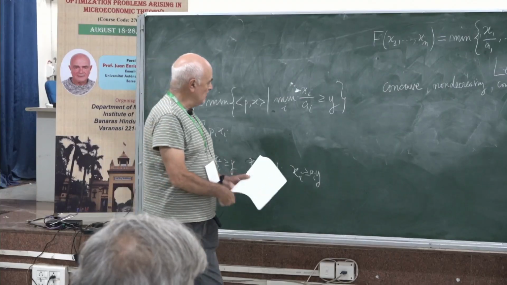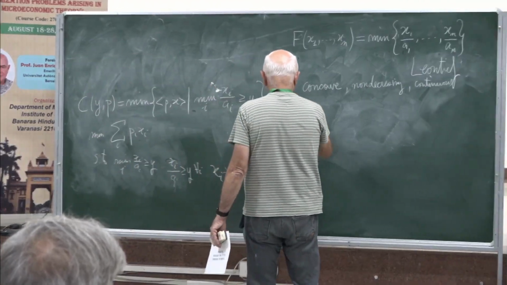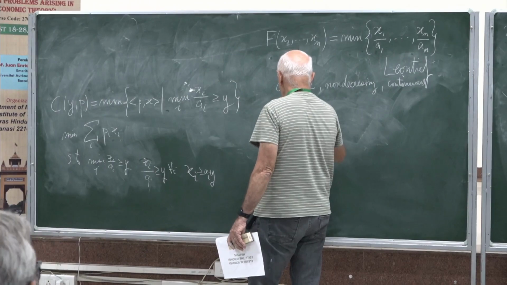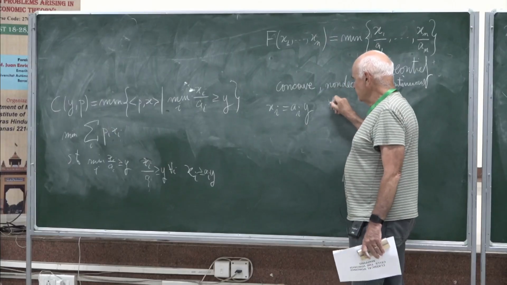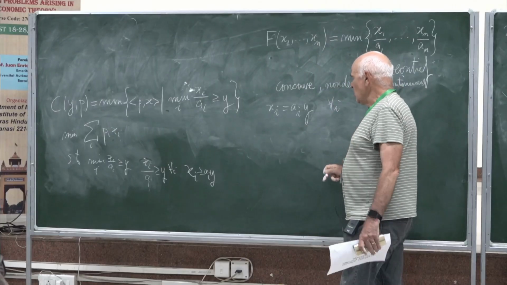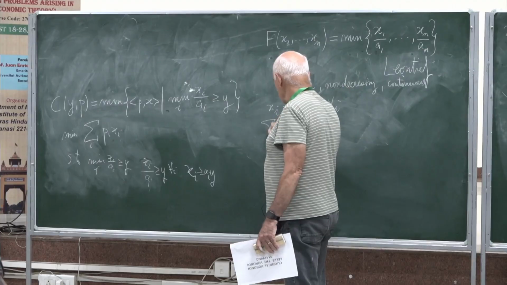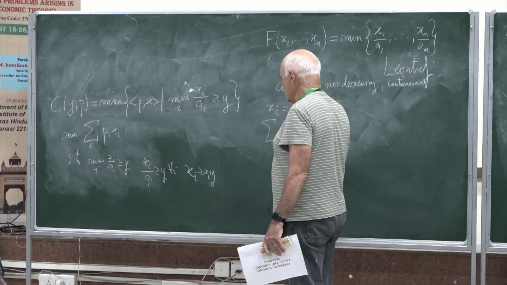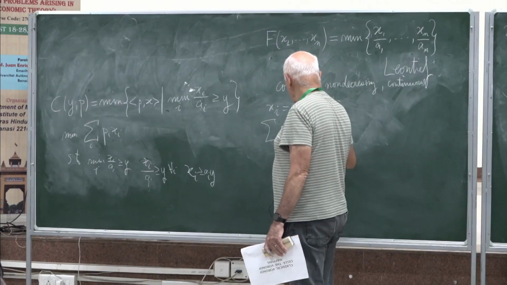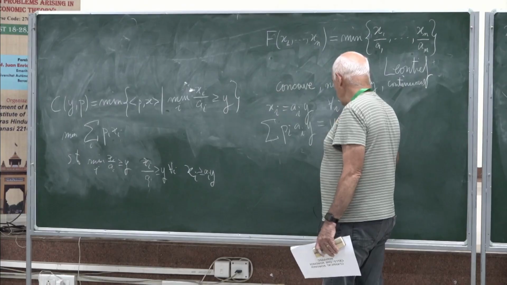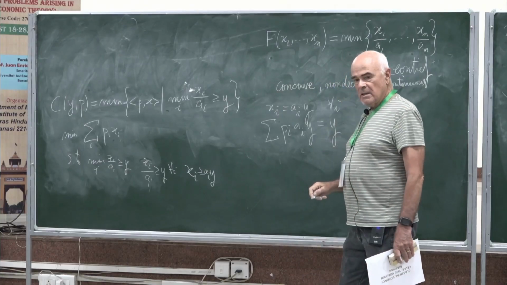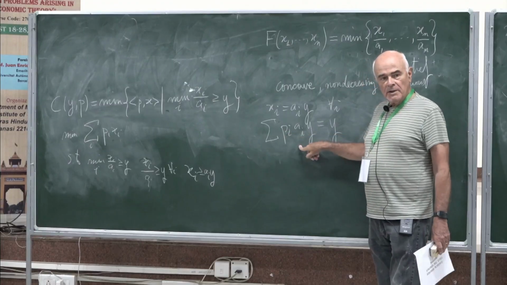Okay, so the optimal solution is xi equal ai y for every i, which means the optimal cost is the sum of pi ai y, which is y times the inner product of p with a.